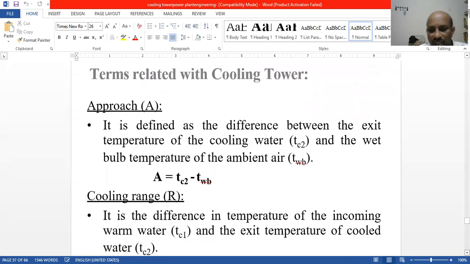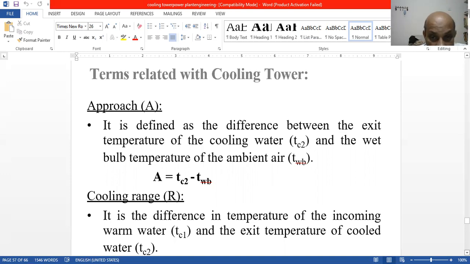Just these two terms we will discuss, and approach. What is approach? It is defined as the difference between the exit temperature of the cooling water and the wet bulb temperature of the ambient air. Wet bulb temperature means there will be moisture content available.